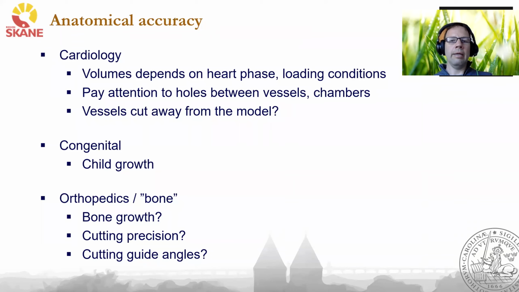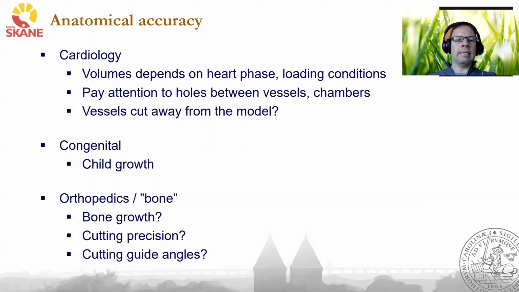And here, basically, we take away a lot of things. So we're only selecting the things of interest. I'll come back to this principle in the next lecture. But it's really important that we don't remove things that are needed for the clinician to correctly interpret the model. So this is one important aspect of anatomical accuracy.